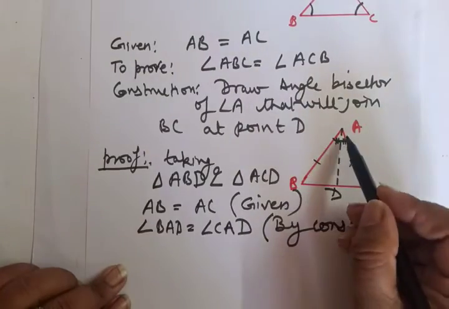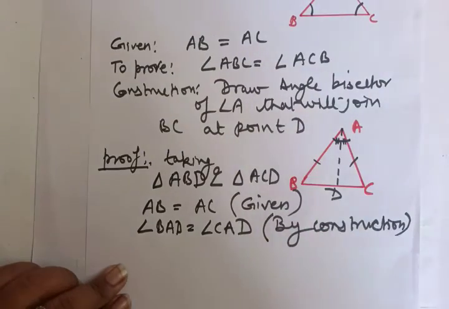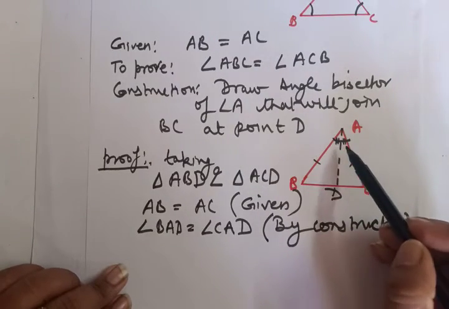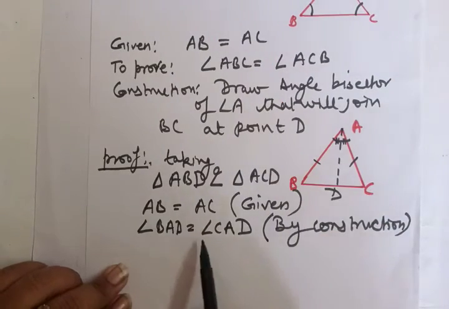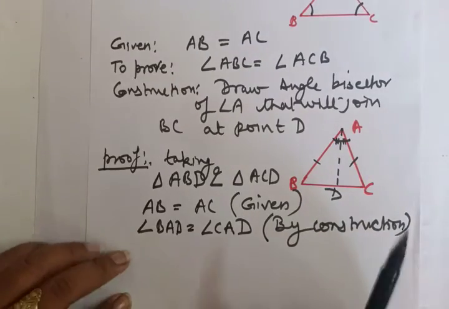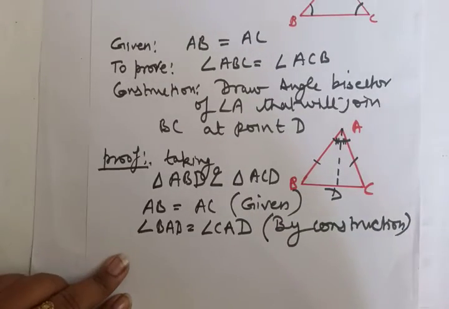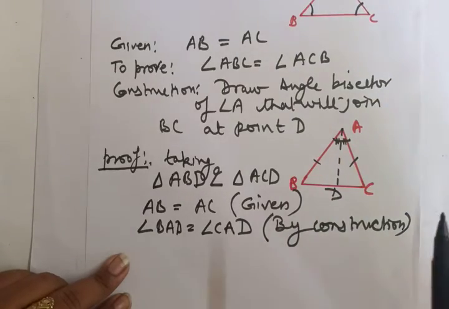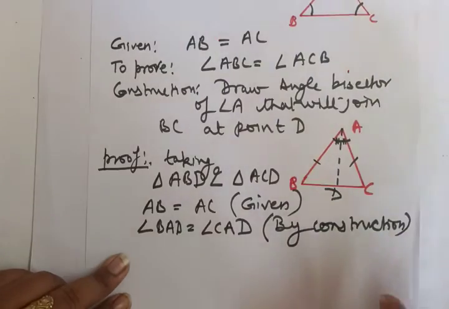Now, we have AB equal to AC, and we have written angle BAD is equal to angle CAD. If we recall the criteria, we can see SAS means one side is required to prove these two triangles congruent by the congruency rule SAS.